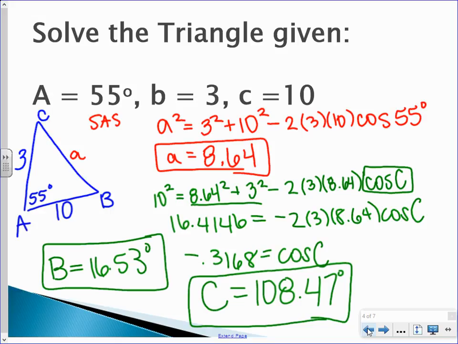Okay? If you don't want to have to think about all of that, stick with the law of cosines all the way through. Okay? So it's either a little bit more algebra or think a little bit more about the problem.